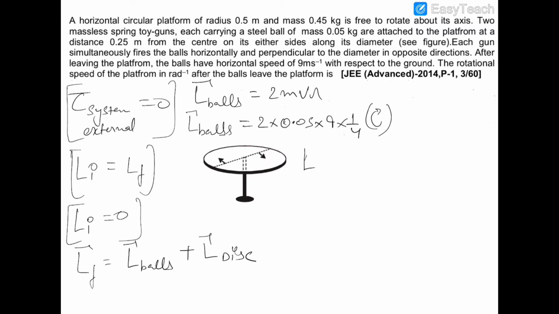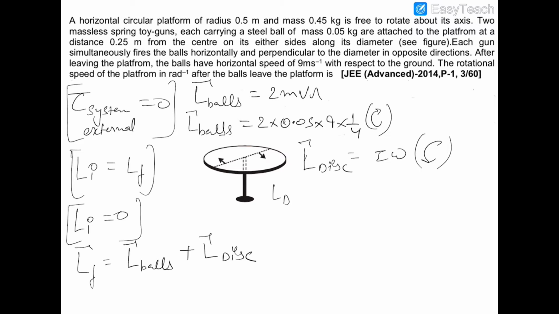Now the angular momentum of the disk will be I omega, and the disk would rotate in anti-clockwise sense, obviously, because the final angular momentum should also be 0, because it is equal to the initial angular momentum. So the angular momentum of the disk would be in anti-clockwise sense.